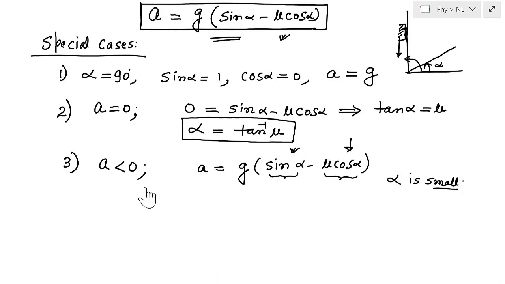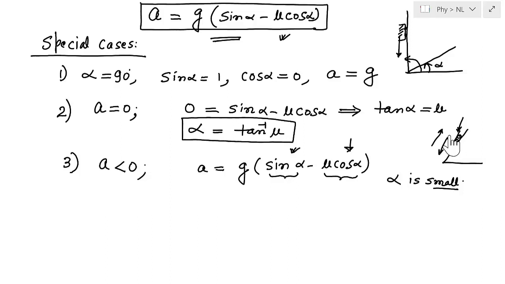What does negative acceleration mean? This is the inclined surface and this is your toboggan, and even if you push this toboggan with some velocity, it will go in the downward direction, but the acceleration is negative. This means acceleration is in the upward direction.